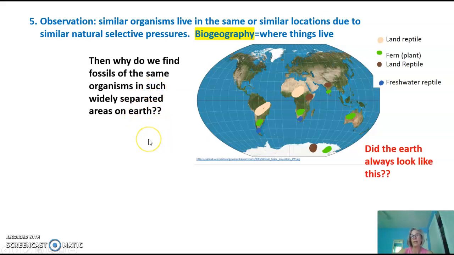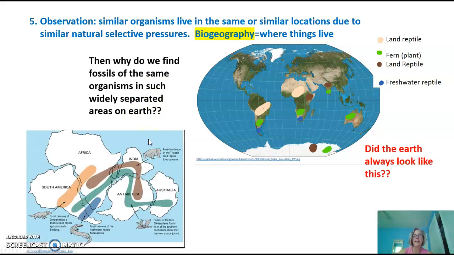Well, did the Earth always look like this? No. Once upon a time, there was a big landmass called Pangea, and at that time, the continents were connected. So we can see our land reptile spread out across South America, but also Africa when they were connected.